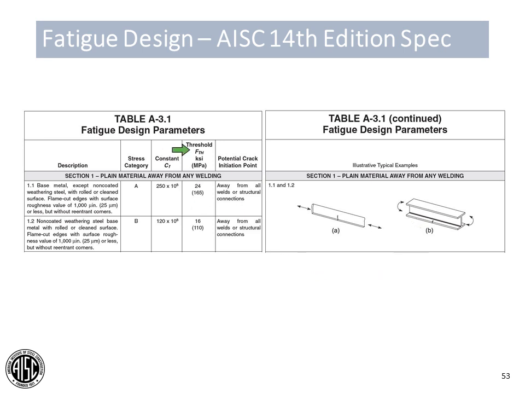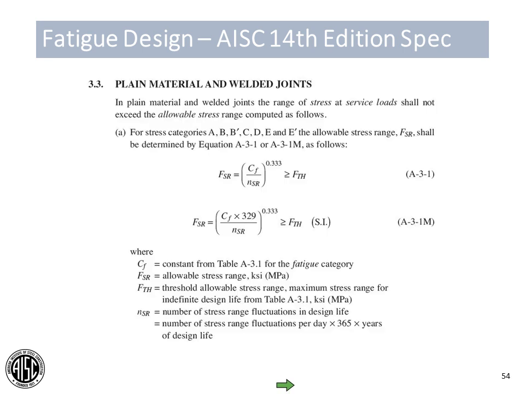And then you're given the threshold stress range, 24 ksi in this case, and then the C sub F constant. C sub F, you go back into the appendix, and this would then be your allowable stress range. So if your design cyclic stress range is higher than your threshold, then you need to make sure that your design cyclic stress range is less than your allowable stress range, F sub SR.